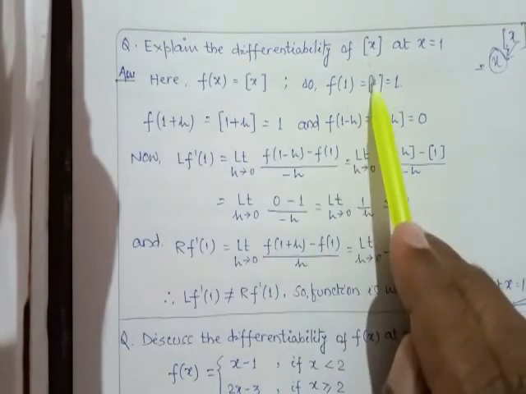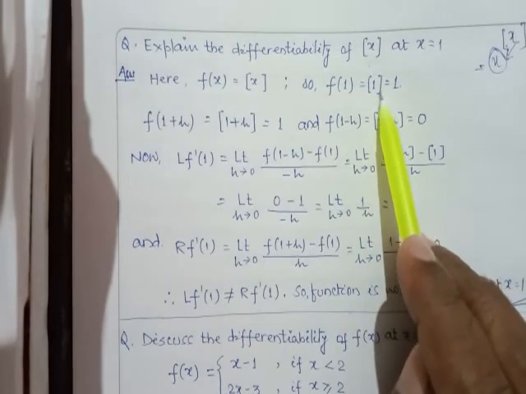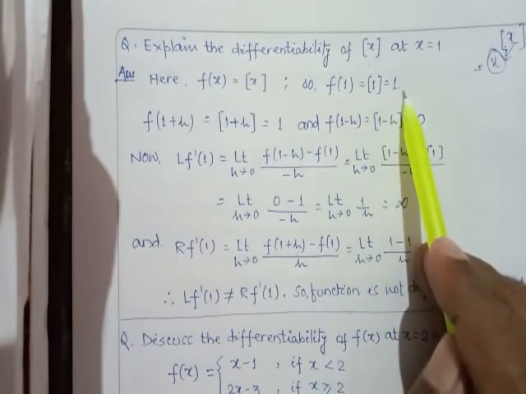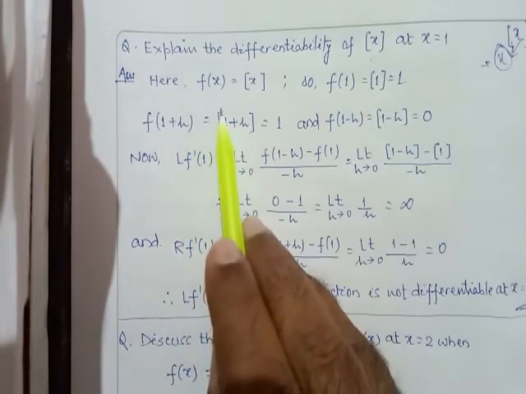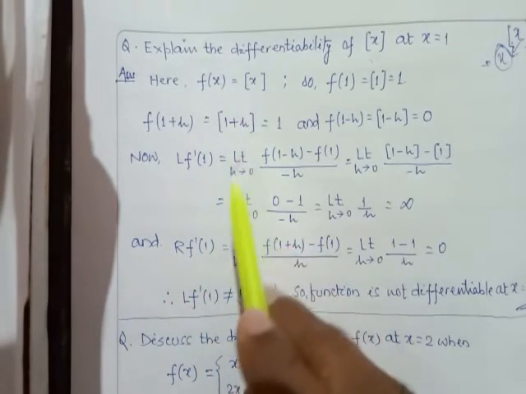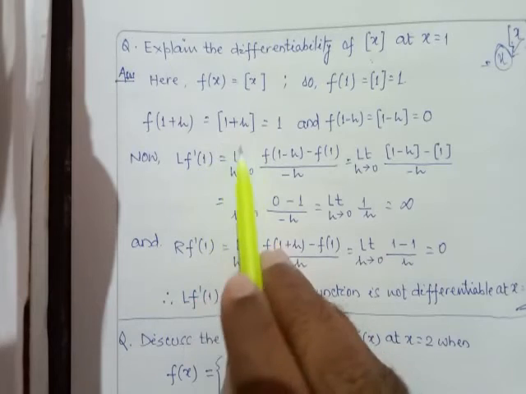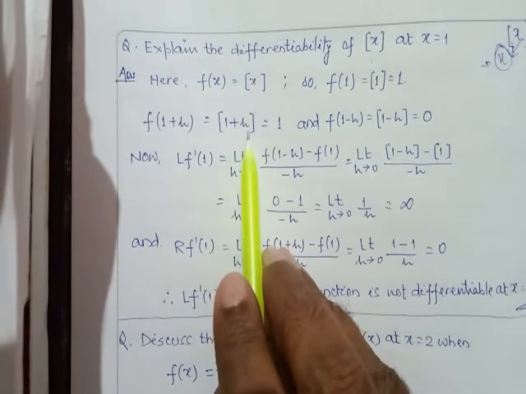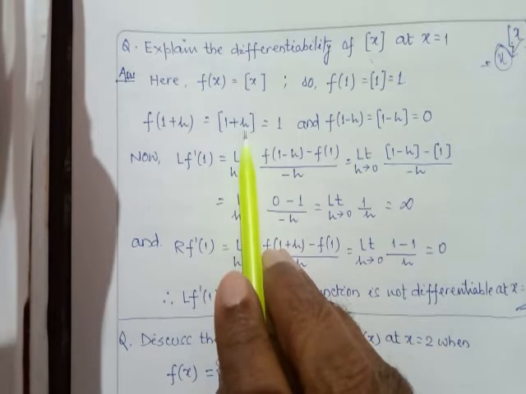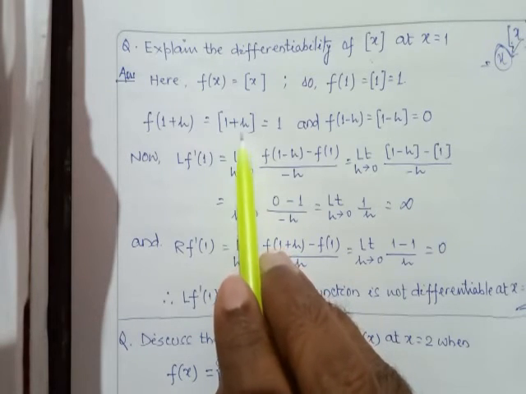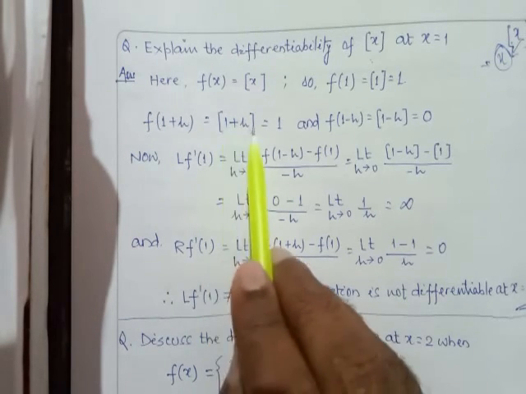But f(1 plus h) means the greatest integer of 1 plus h. h is a very small value, very small, tends to 0. So the greatest integer corresponding will be not more than 1, that is 1.